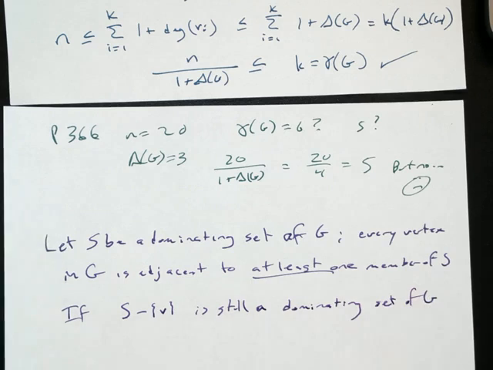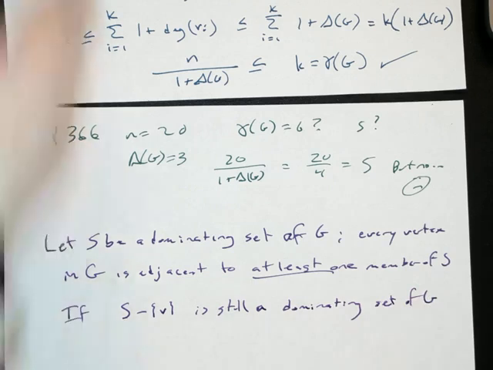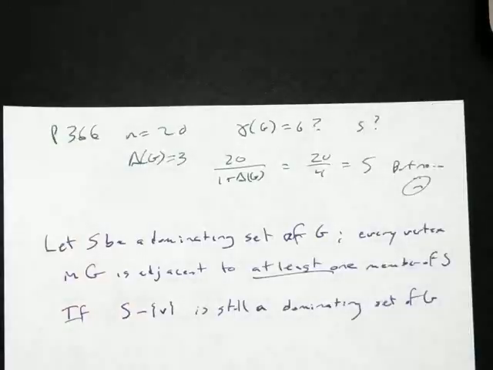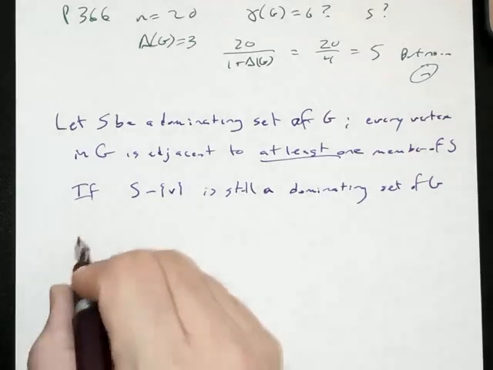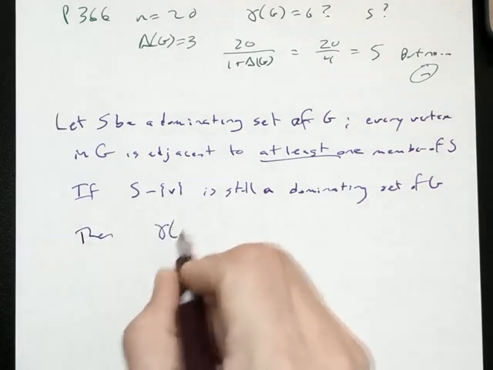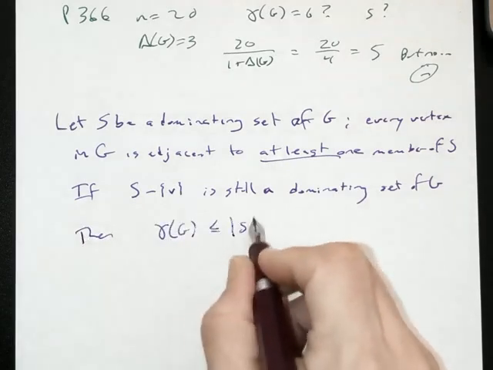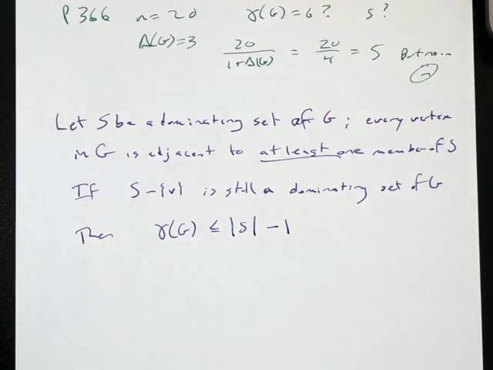I've gotten to decrease my domination number. Right? At some point, I won't be able to do this anymore. At some point, when you take away a vertex from your dominating set, you miss covering something.